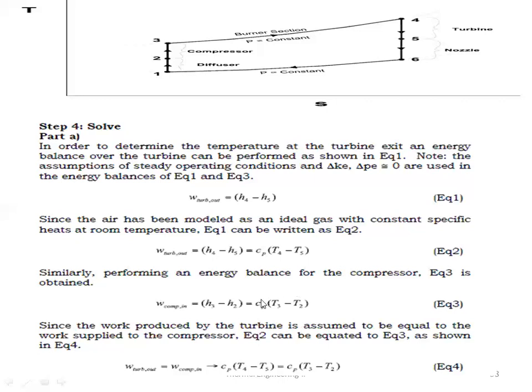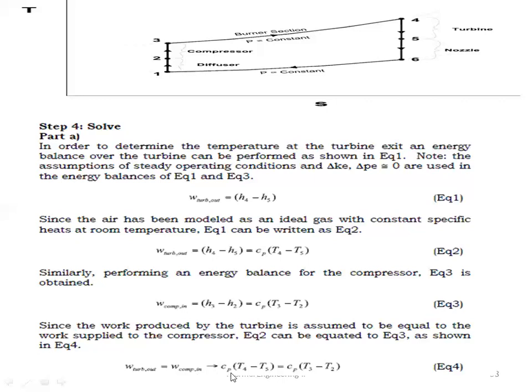So just now we took one assumption: the turbine work generated by the turbine is utilized to run the compressor. So turbine work output must be equal to the compressor work input. If we equate equations 2 and 3, the turbine work must be equal to the compressor work.